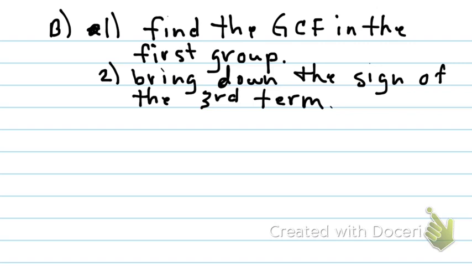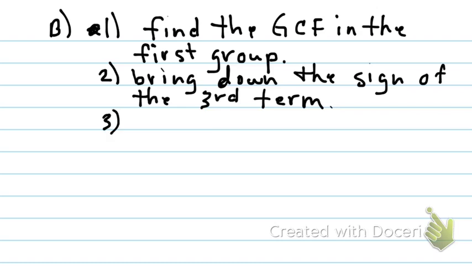Drove me crazy. They always say, well, try it as a positive. If that doesn't work, try it as a negative. Well, then years later I realized it's always whatever the sign that is, the third term, just bring it straight down. I'm not expecting you to rediscover all of these things. I expect you to know how to use it, though. Okay? So make sure that you do what with the sign of that third term? Bring it straight down.